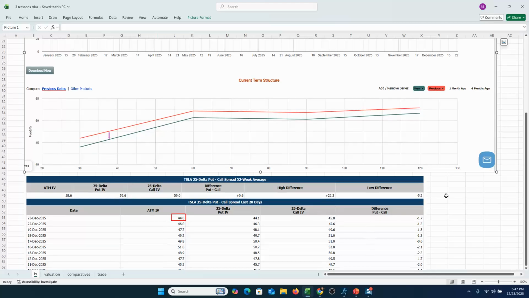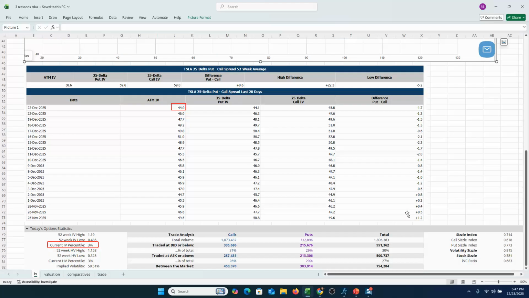You can see on a generalized at the money 25 delta combined IV trading at the lowest level, right, over the past 20 days. So option prices certainly getting cheap, which means you can get into trades at a much lower level that are structured with a long vol and long option approach.